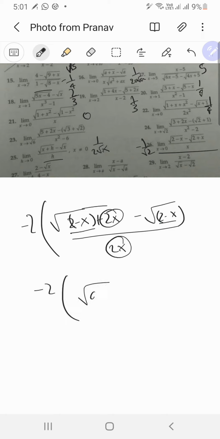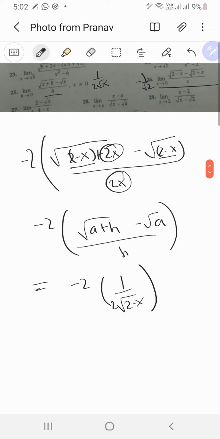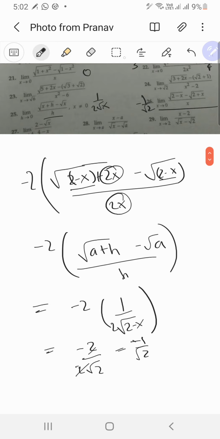So minus 2 square root of a plus h minus square root of a upon h. It should be minus square root of a over there. So this thing should be minus 2, and then the derivative of square root of x is 1 upon 2, right? So 1 upon 2 square root of x, 2 square root of a is just 2 minus x. So as x approaches 0, this thing approaches minus 2 upon 2 square root 2. Yeah, this is the same thing. Okay, nice.